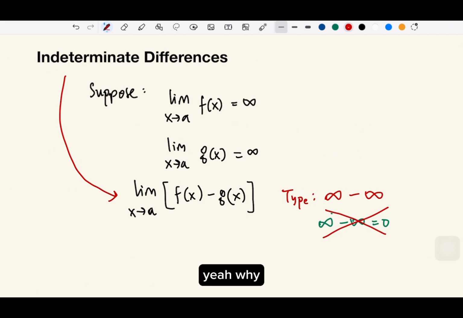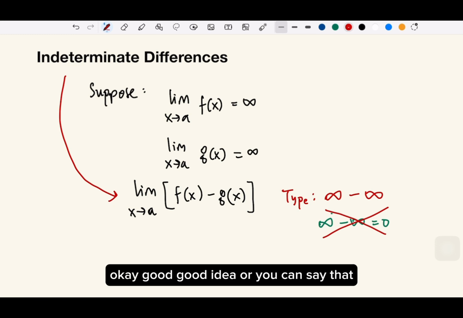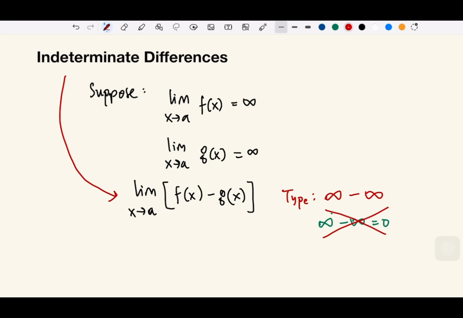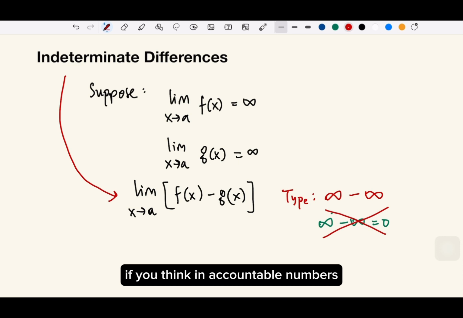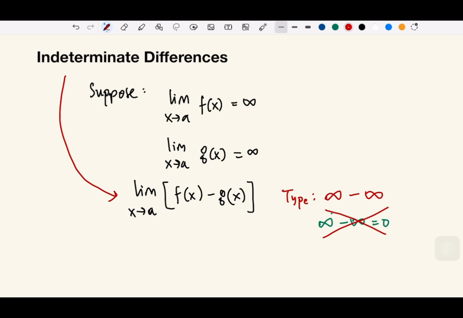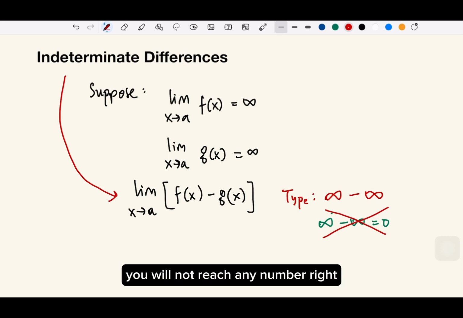Yeah. Why? It's like the water in the bottle is infinity. Water in the lake is also infinity. So if you subtract infinity, you don't know the water. Okay, good idea. Or you can say that infinity is not a number, you will not reach any number, right?